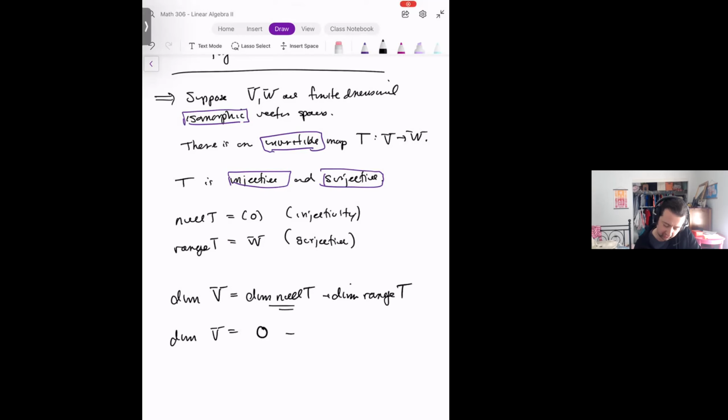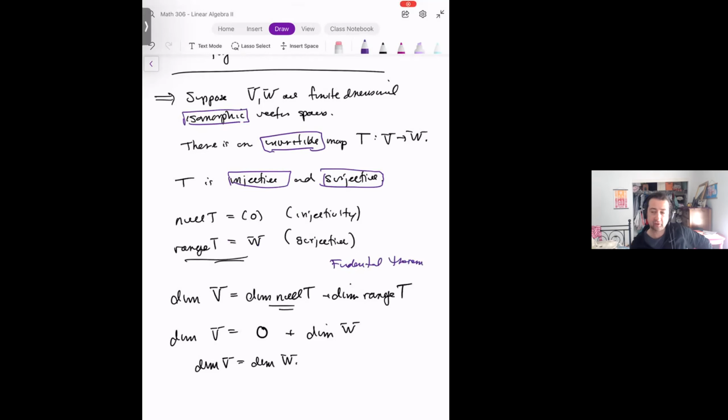And the range of T is equal to W, so the dimension of the range of T is the same as the dimension of W. Therefore, the dimension of V is equal to the dimension of W. This is a straightforward direction that is just unwinding definitions and using the fundamental theorem of linear maps.